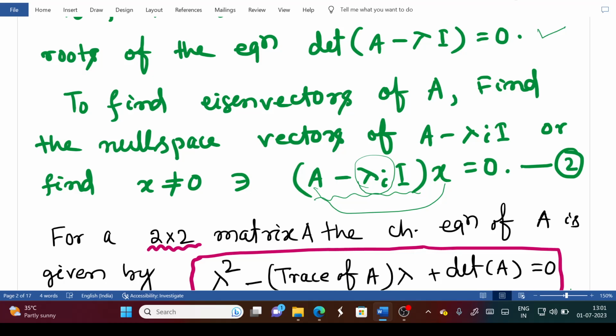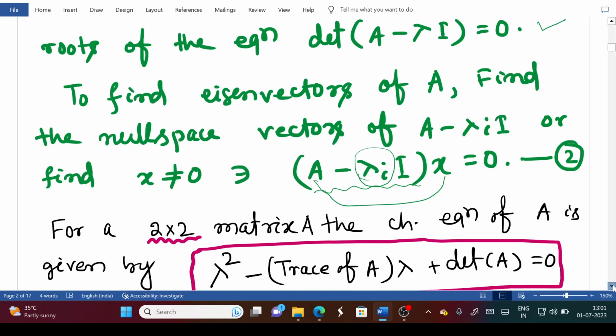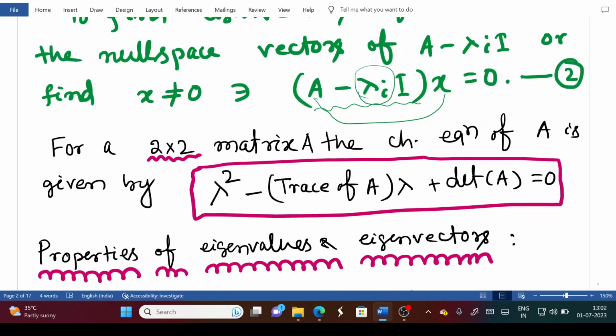Now there is a simple formula for the characteristic equation of 2 cross 2 matrices. Directly we can write the characteristic equation of a 2 cross 2 matrix as lambda square minus trace of A into lambda plus determinant of A is equal to 0.